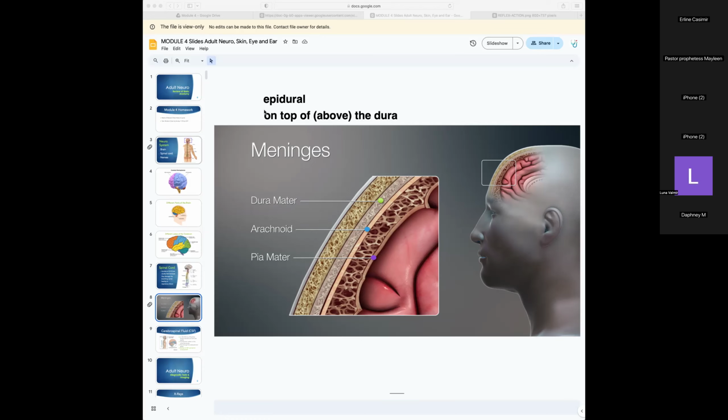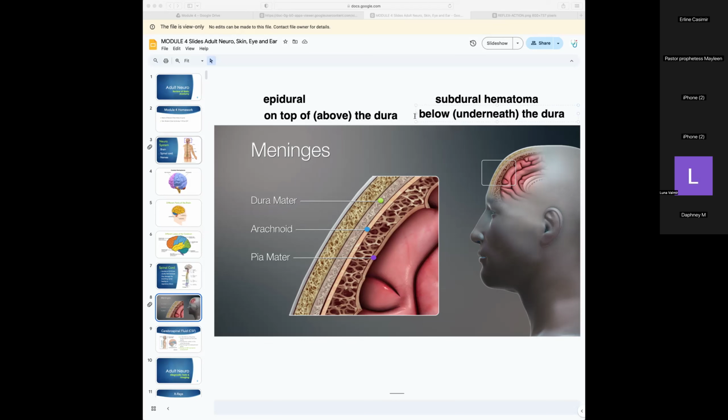Okay? Then sometimes you might hear some people say the patient has a subdural hematoma. So what does sub mean? Below. Excellent work. So below or underneath the dura.